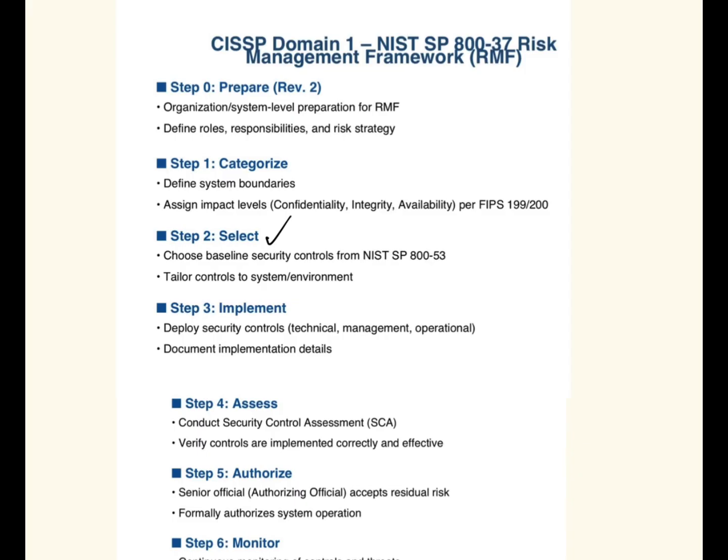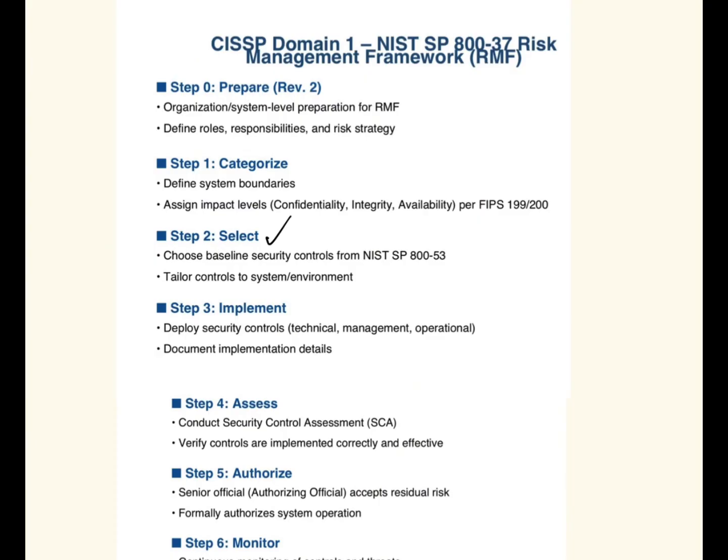You don't apply the same controls to a student blog as to a hospital patient's database, right? It's like choosing locks for doors, a bank vault versus a garden shed. So we select controls.